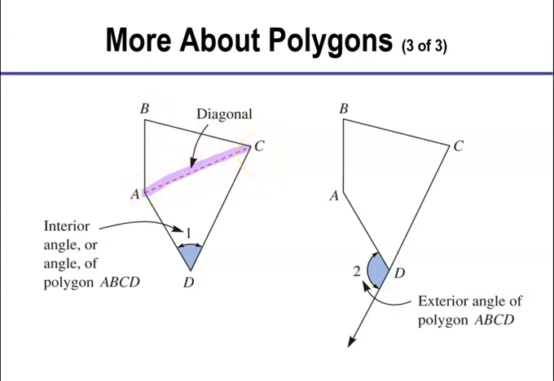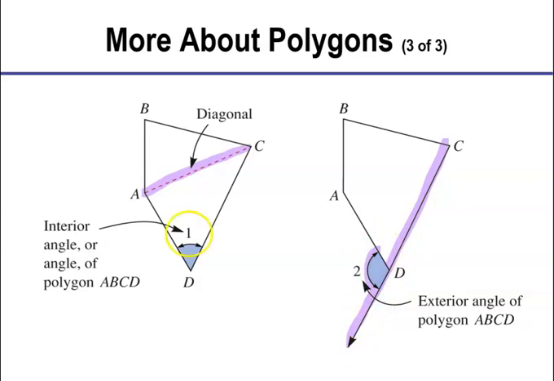Okay, and you'll find yourself counting diagonals for some of the homework problems. Notice that this angle 1 here is an interior angle because it's inside the polygon, whereas over here, same polygon, notice how we extended side CD, and that gives us an exterior angle.